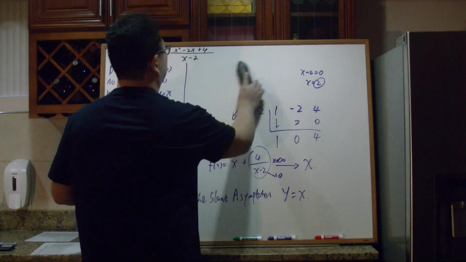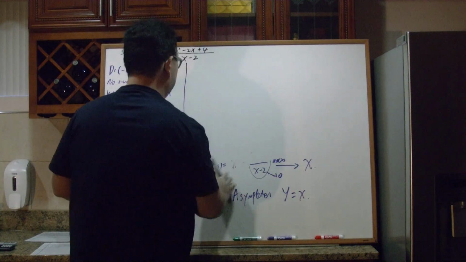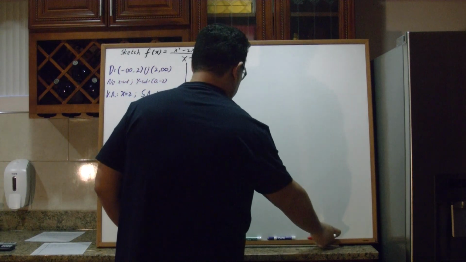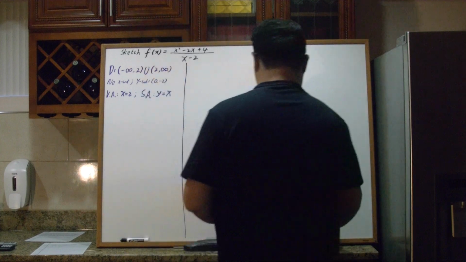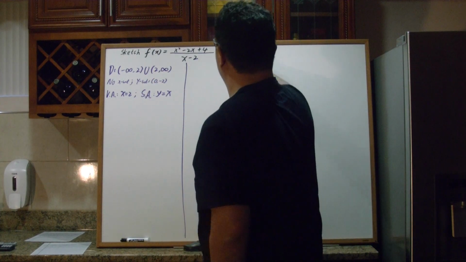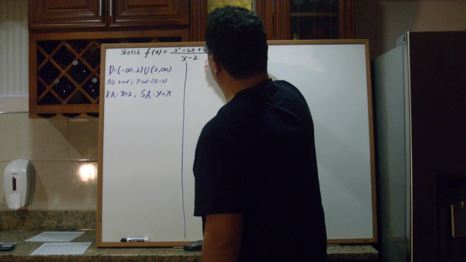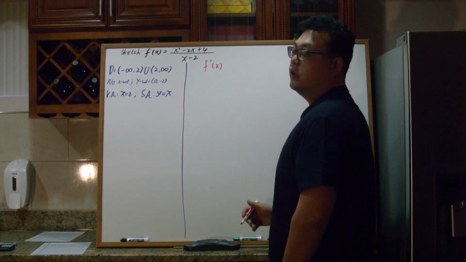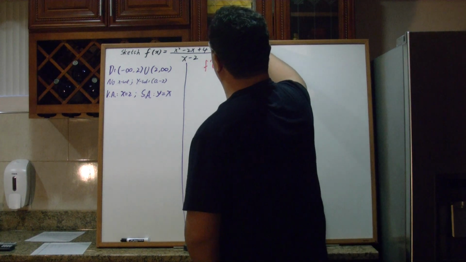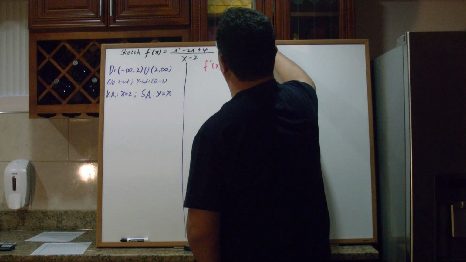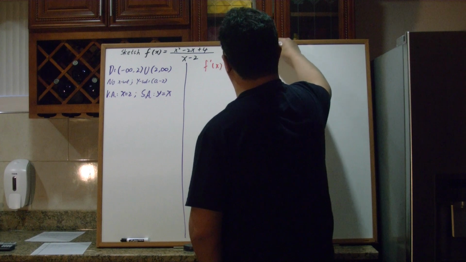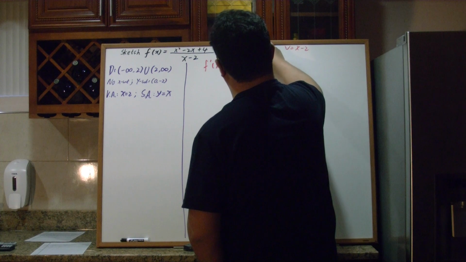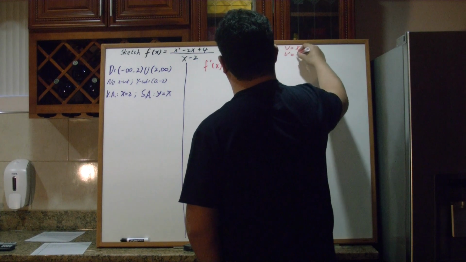Then to find the increasing and decreasing intervals and the relative extrema, we need to find the first derivative, so take f prime of x. If you want, you could use the quotient rule. You don't have to show it, but if you want, you could say u is x squared minus 2x plus 4, v is x minus 2, u prime is 2x minus 2, v prime is 1.